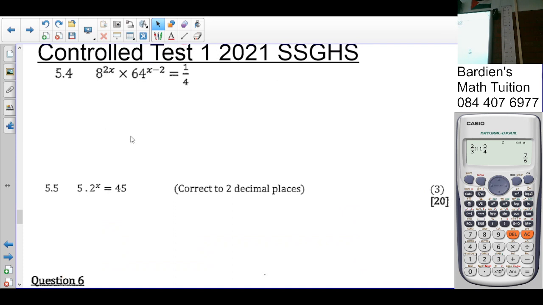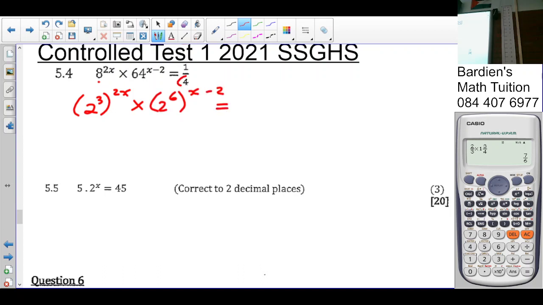Look at the next one. Exponential equation, you must make the bases the same for the exponents to be equal. So 8 can be written as 2 cubed raised to the 2x times 64 can be written as 2 to the 6 raised to the x minus 2 equals 4 can be written as 2 squared.